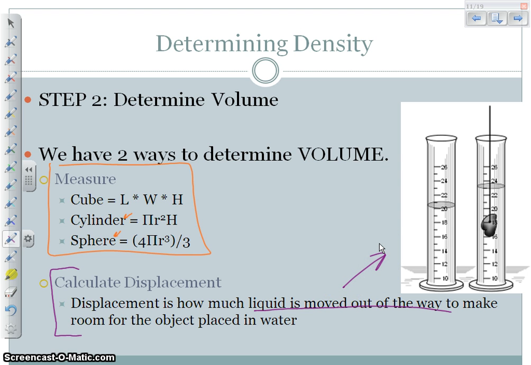We see that the water started at 20 milliliters, and once we added a very irregularly shaped object to the water, it ended up at 23 milliliters. So that means that our displacement was 3 milliliters, and that means that our volume in this case was 3 milliliters.